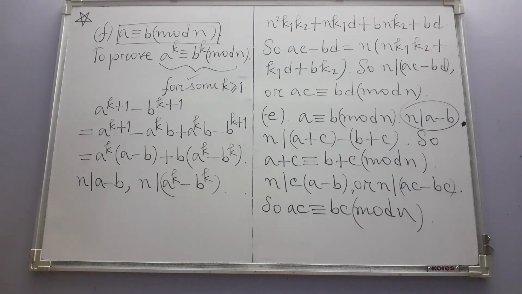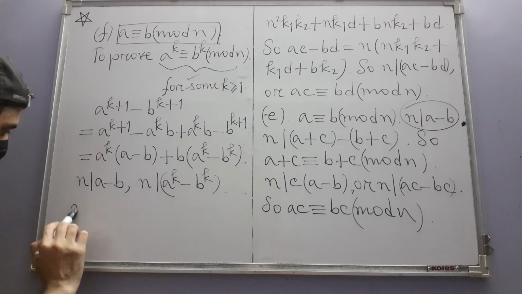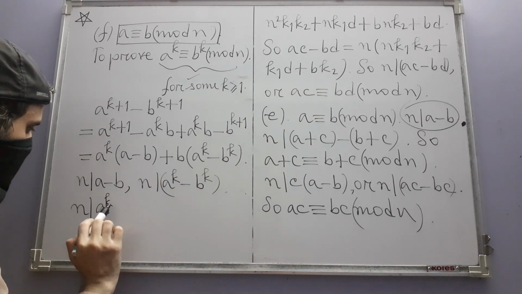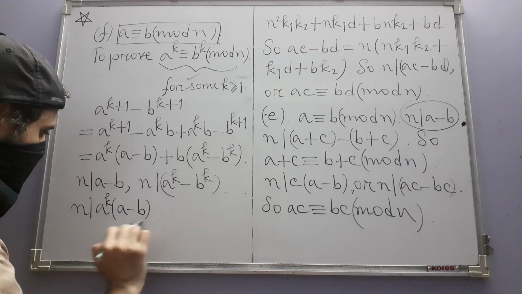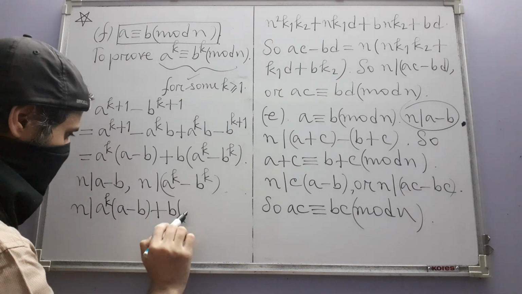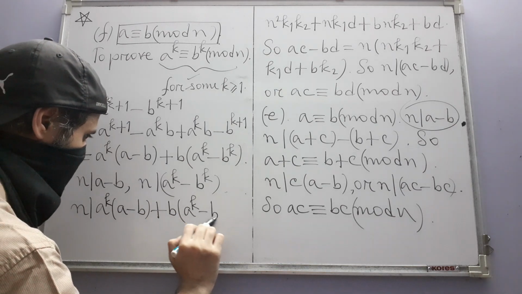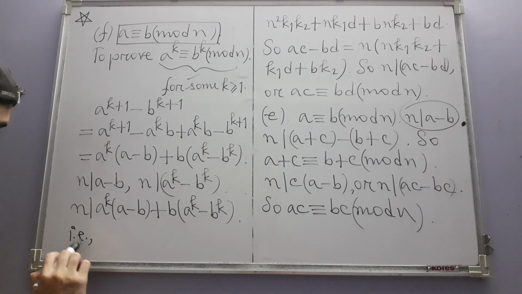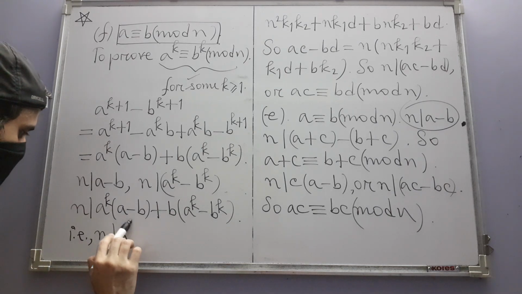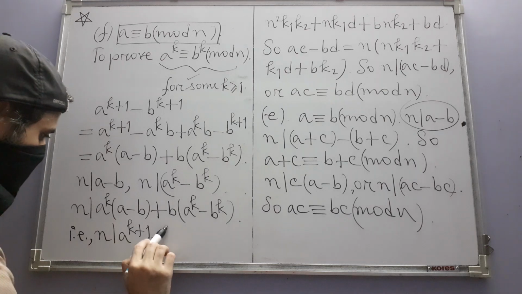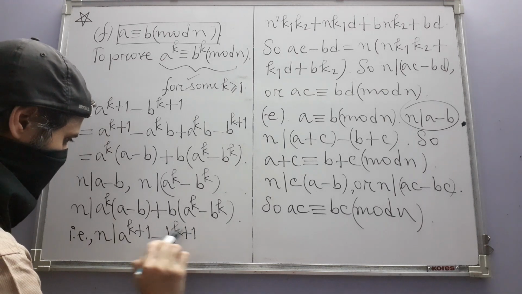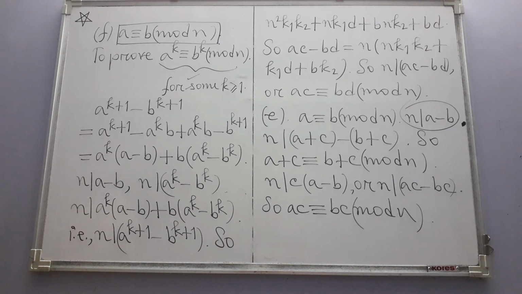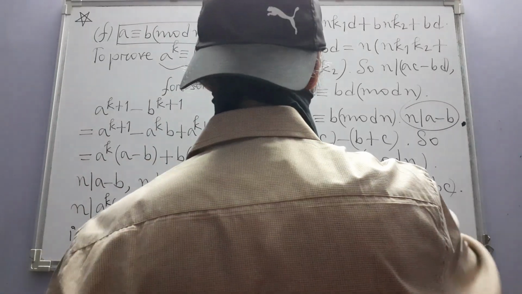So from properties of divisibility, we know that n divides this, i.e. n divides this. So we have our induction step.